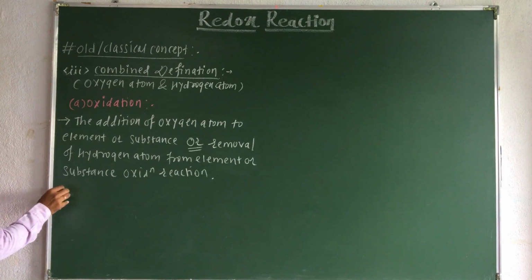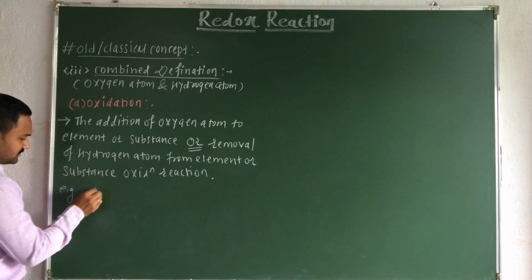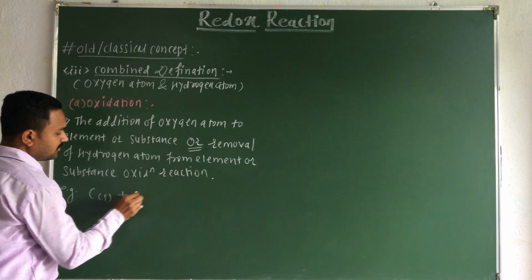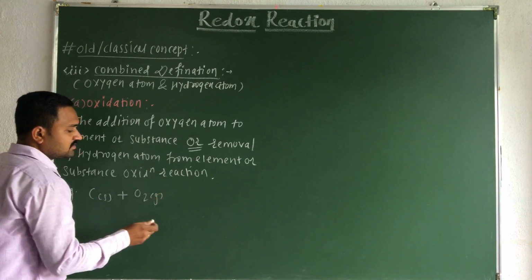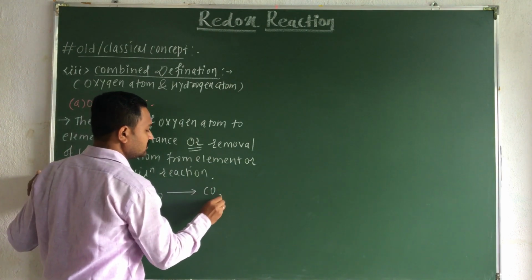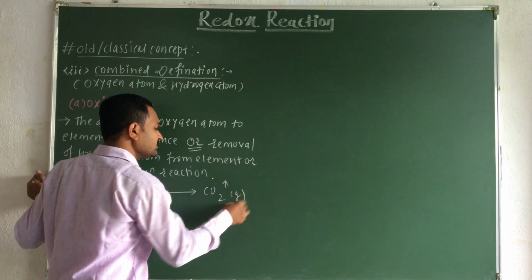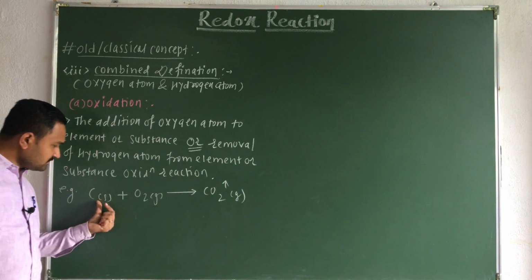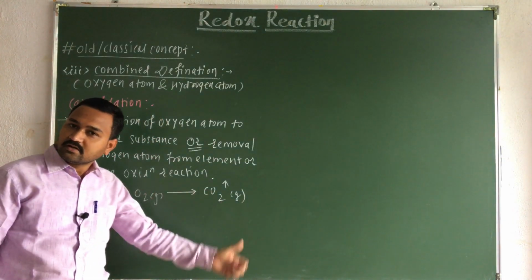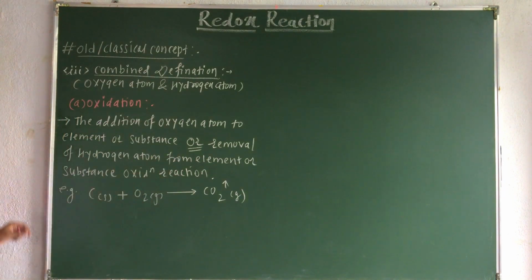Now for example, we can consider a simple example, that is carbon in solid plus oxygen in the gas state gives CO2 gas. As you know, in this example oxygen is added to the carbon atom, hence this reaction is an oxidation reaction.